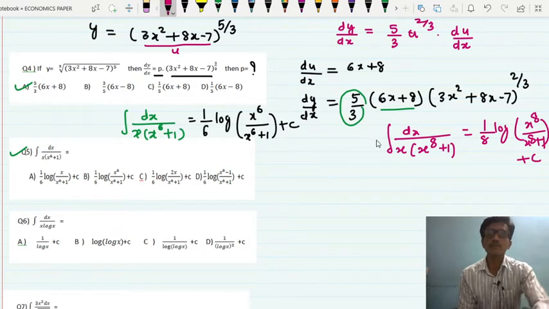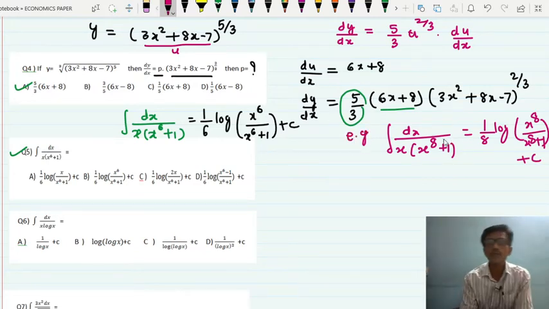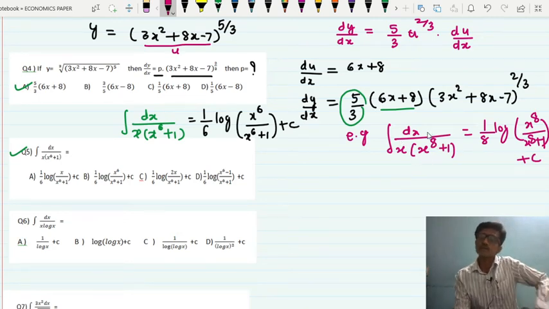So any question of this form, we will write 1 upon 8, with 8 in the denominator, log of x raised to power 8 upon x raised to power 8 plus 1.